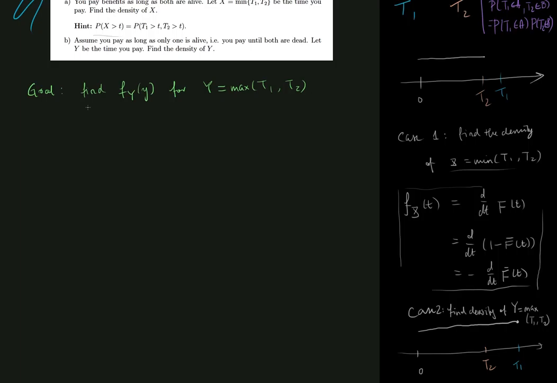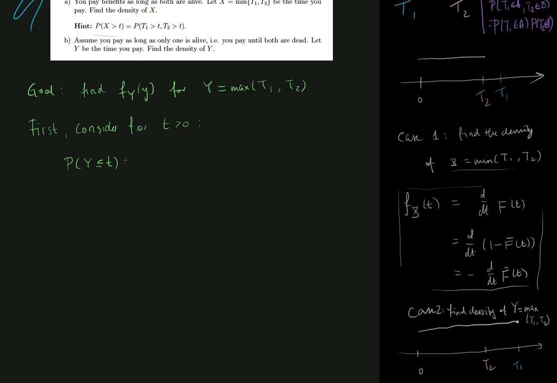So the thing that we're going to do here, instead of considering the probability that Y is greater than something, is to first consider, for t greater than 0, the probability that Y is smaller than or equal to t.